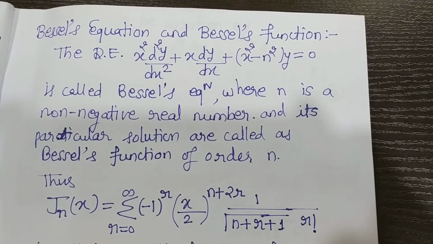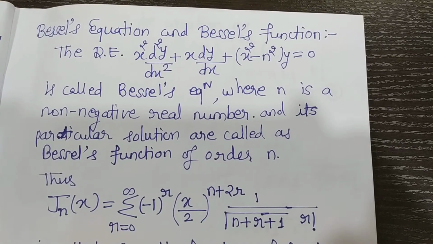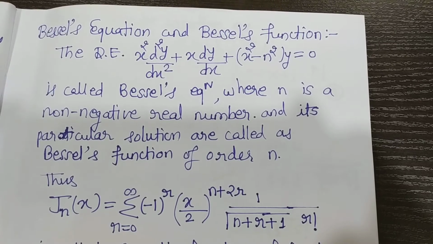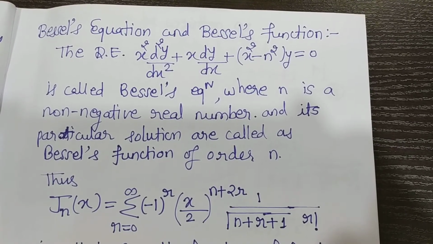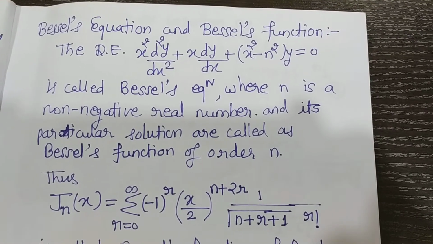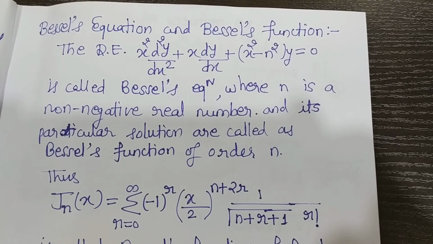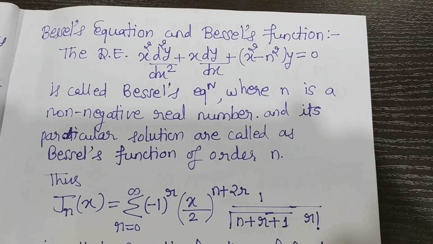Bessel function is a solution of Bessel's differential equation. Bessel's equation was studied by Friedrich Bessel, who lived from 1784 to 1846. He was the director of an astronomical observatory, and studied it in connection with his work on planetary motion.